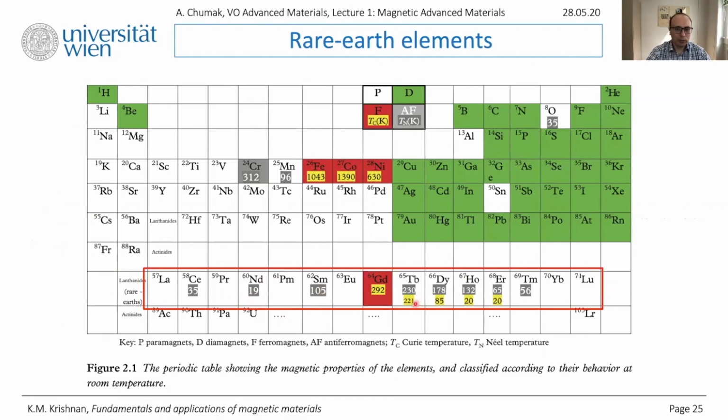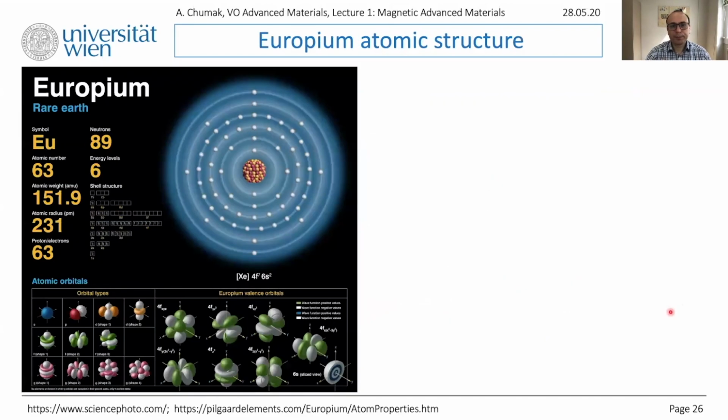Gadolinium can also show paramagnetic behavior. But for example, europium will be paramagnetic, so let us have a closer look at it. First of all, we need to look at the atomic structure of europium.